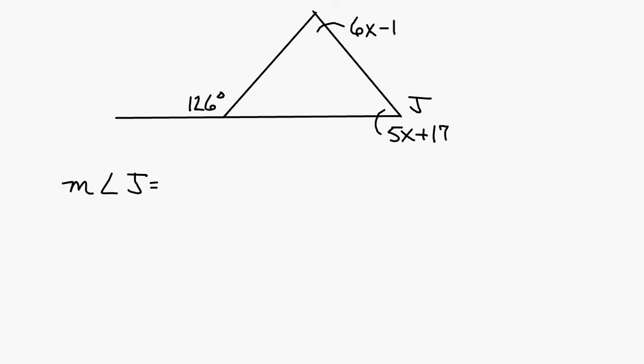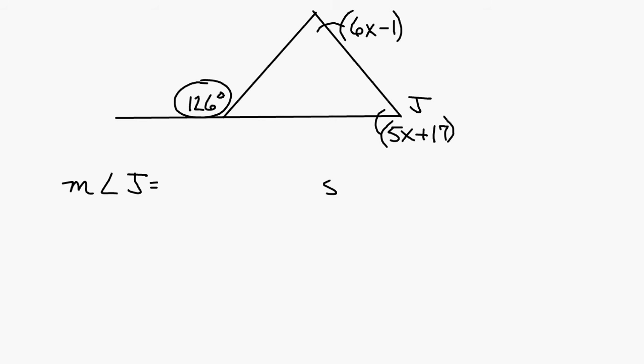So do you see what they've given you in this picture? They've given you an exterior angle, and they've given you its two remote interior angles. So the remote interiors added together equal the exterior.